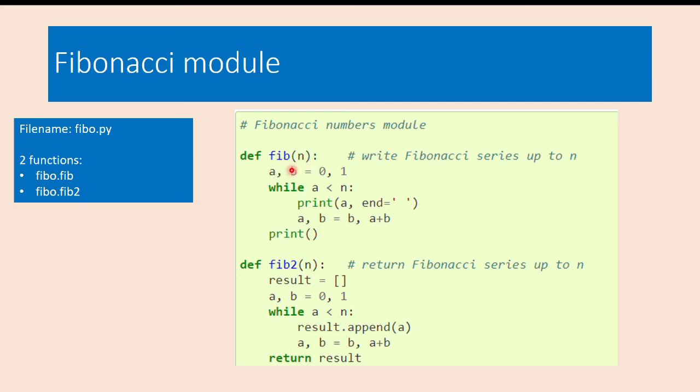As you can see here, this is one function with the name fib, and there is another function with the name fib2. So there are two functions in this module. A module can be created by just creating a script file and giving it a name. That becomes the module name, and within that you can put several functions or constants, etc. Now this Fibonacci module will have two different functions, and you can use them like this. We are going to see some examples of this.